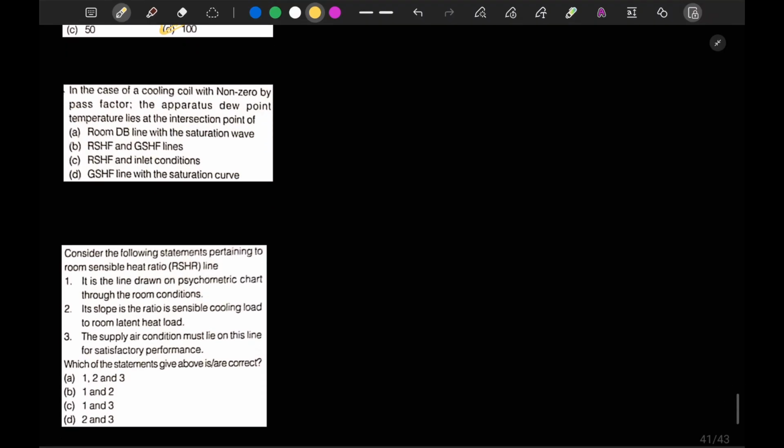Next, in the case of a cooling coil with non-zero bypass factor, the apparatus dew point temperature lies at the intersection of. Let me draw a diagram here, a psychrometric chart. It is mentioned in case of non-zero bypass factor, so this must be a DPT line.